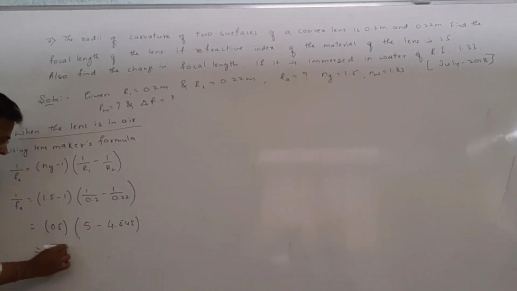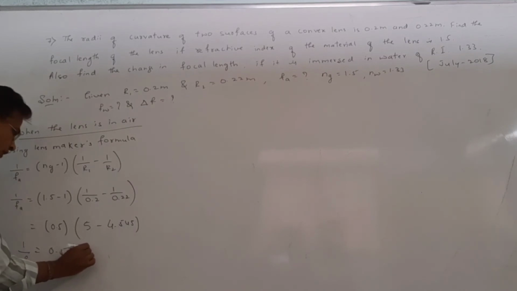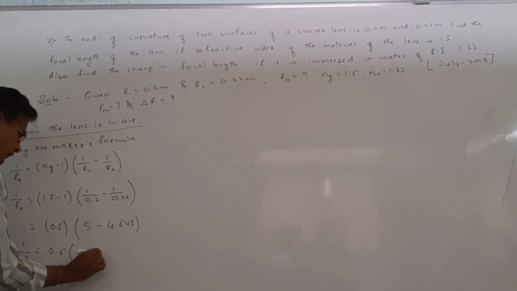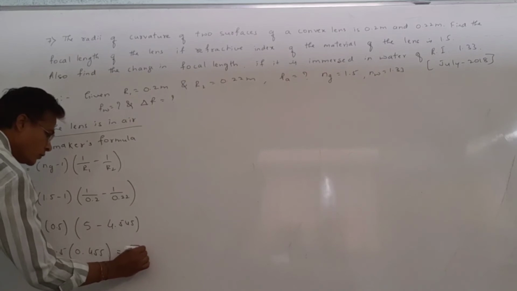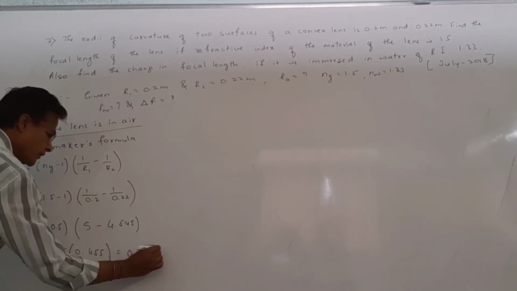Now 0.5 subtract it. 0.455, multiply it. 0.2275.